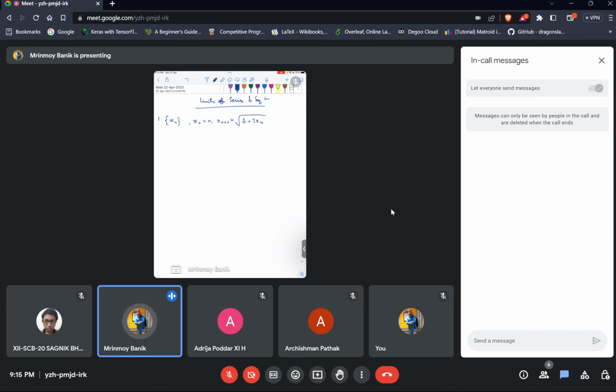Show that it's convergent and find its limit. So show that xn goes to some L and also find what L is.